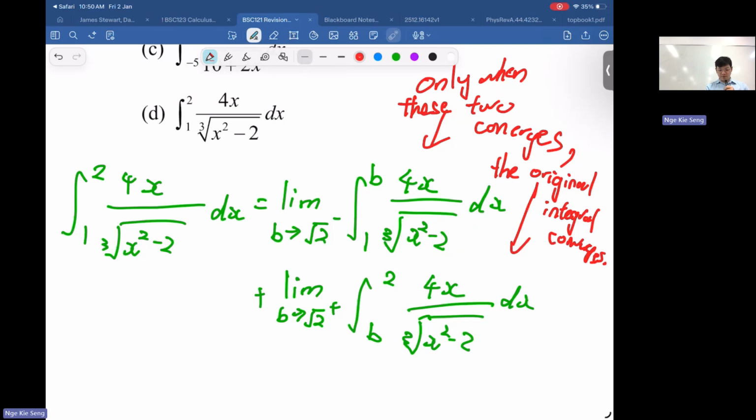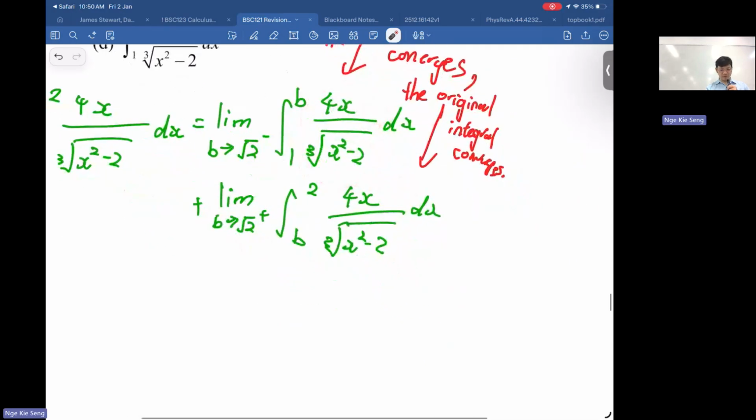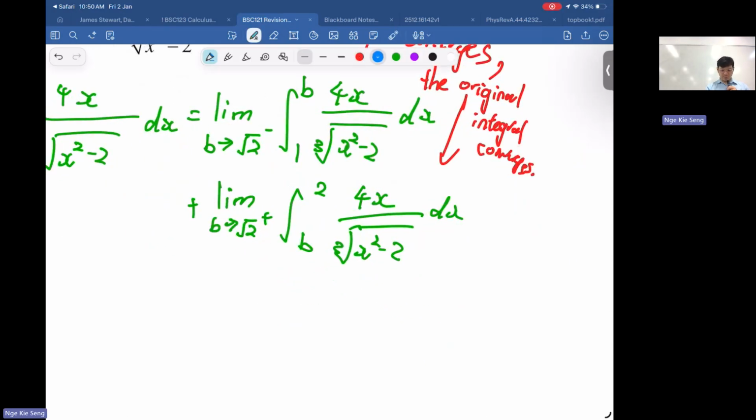But can you compute this integral or not? I think the substitution rule will work. Yeah, this substitution will work. So let's compute this first.